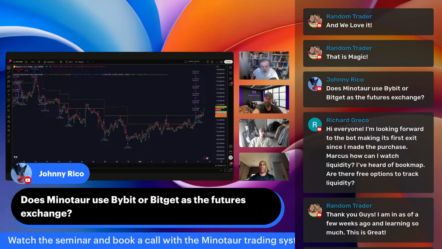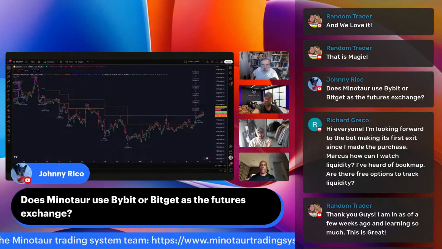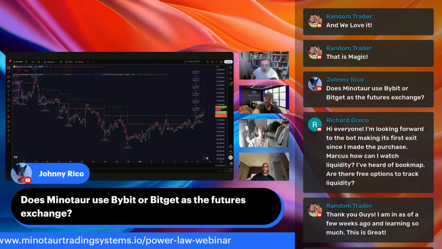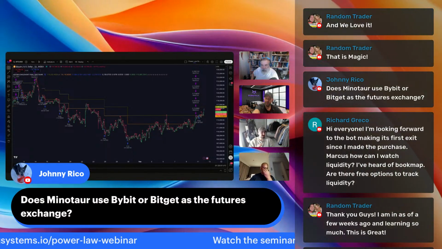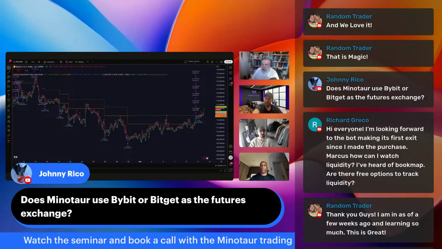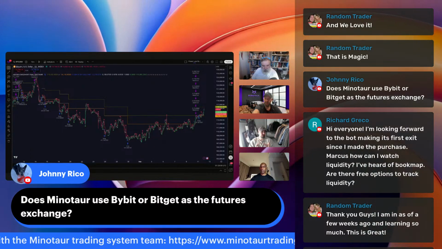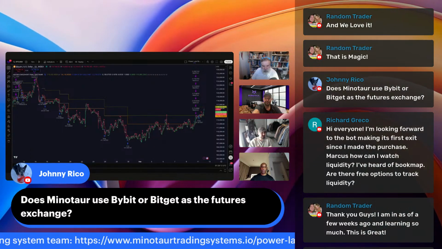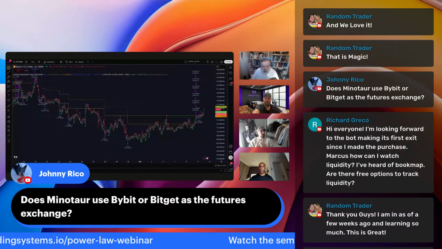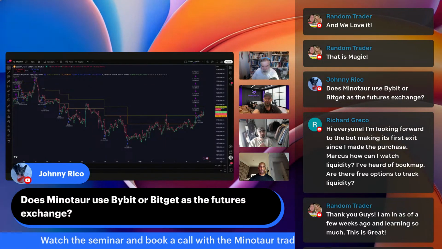So it's a good question. The way you want to think about Minotaur is that it's not something that only works with Bybit or BitGet. It's a tool that can be plugged into almost any centralized exchange. It's just about understanding that in different parts of the world, we have different levels of regulation that allow you to do different things. So the way you want to think about the algorithm is, if there's an exchange out there that allows spot or futures of decent size, there's a highly probable chance we will be able to plug in through an API connection.